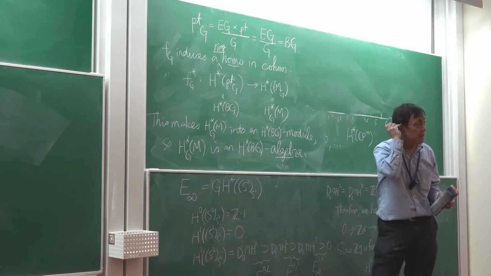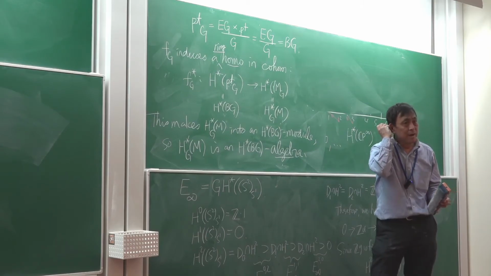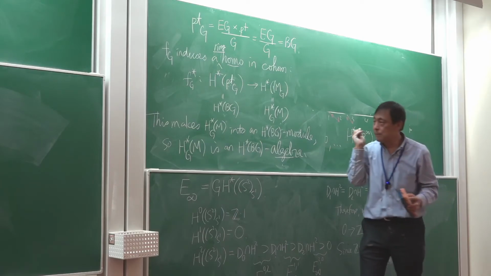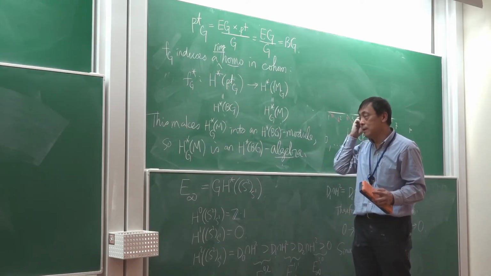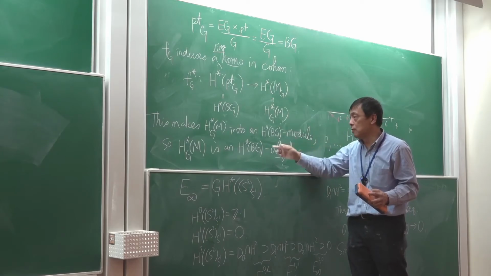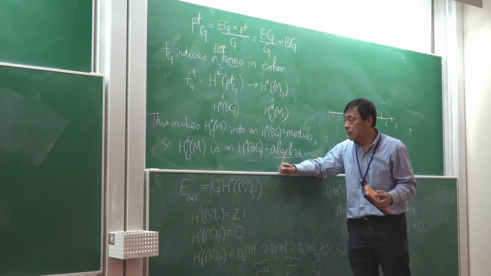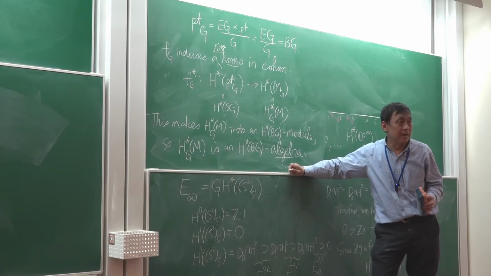So equivariant cohomology has a very rich algebraic structure. It's a ring, but it's also a module over the cohomology of BG.